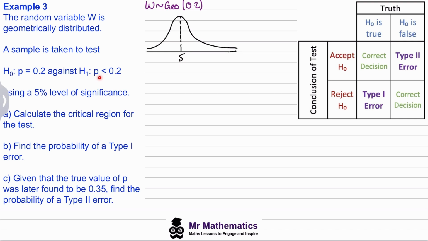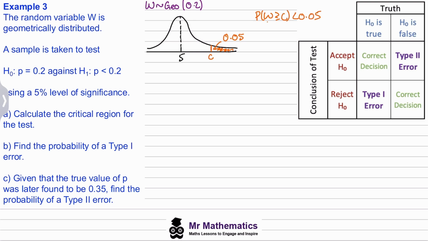So because p is less than 0.2, and this is a geometric distribution, our tail will be to the right of the expected value. So I'll label this as C, and this region will have a probability of 0.05. This will be the area. So we require the probability of W being greater than or equal to C to be less than 0.05.